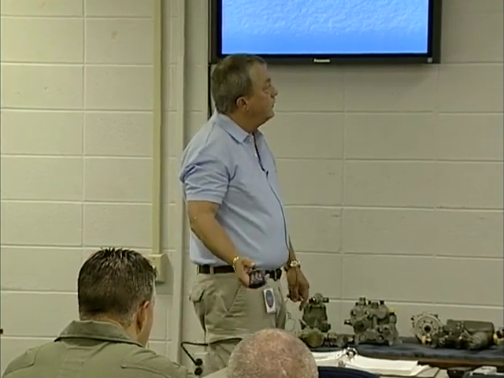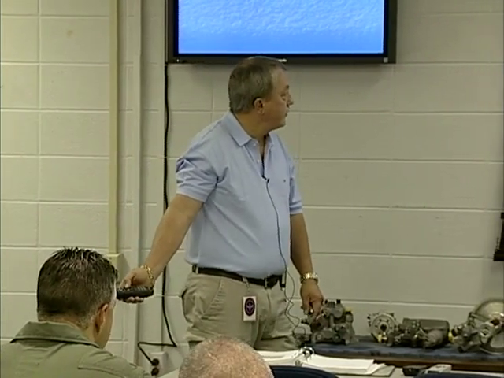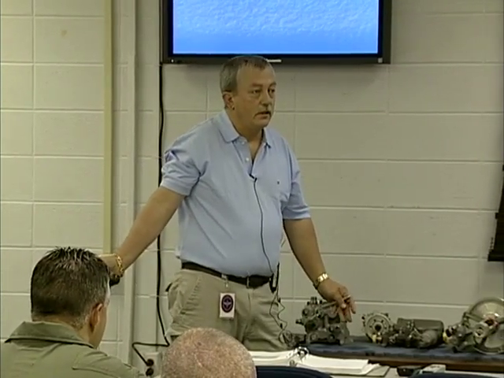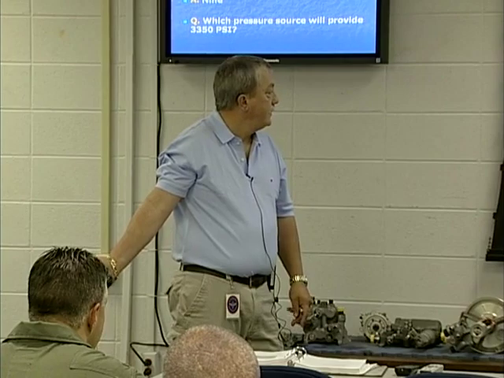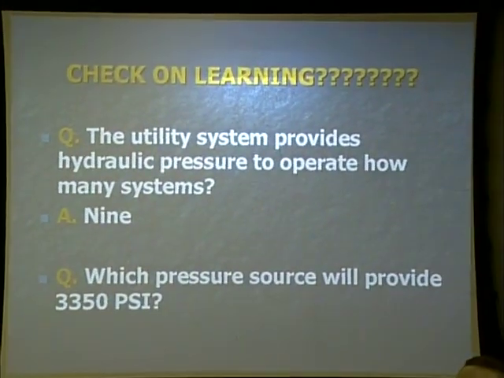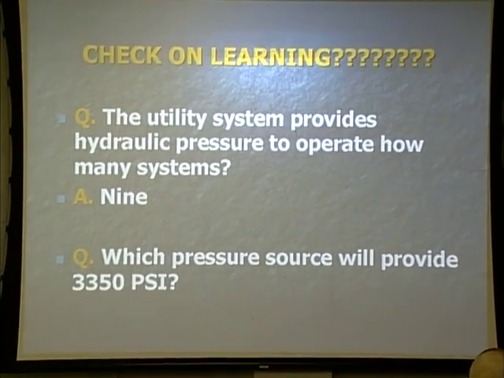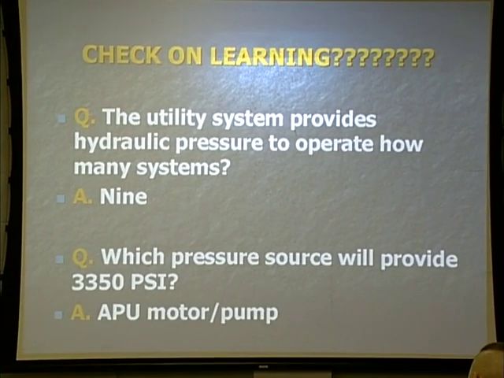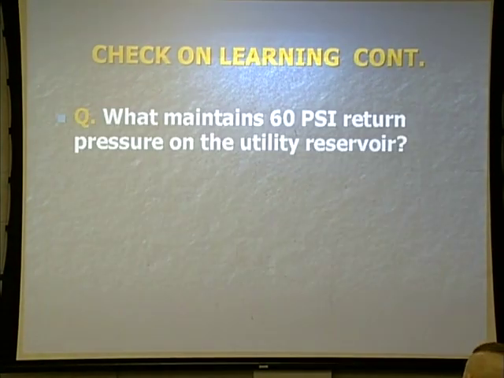Utility system provides hydraulic pressure to operate how many subsystems? 9. Which pressure source will provide the 3,350 PSI? APU motor/pump. What maintains 60 PSI return pressure on the utility reservoir? I said that whenever you could remember its name, that's what it does.